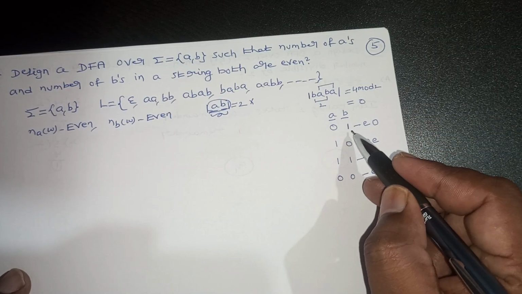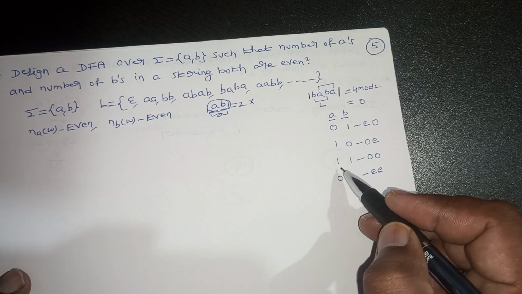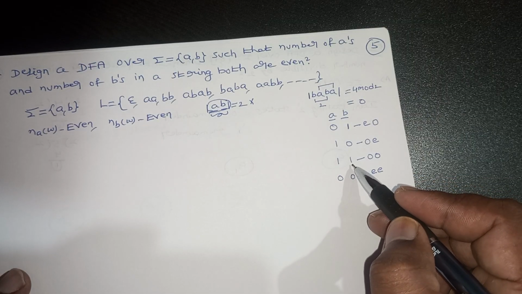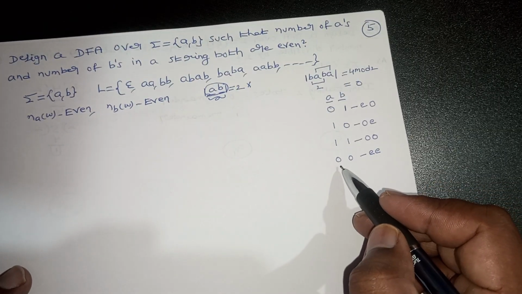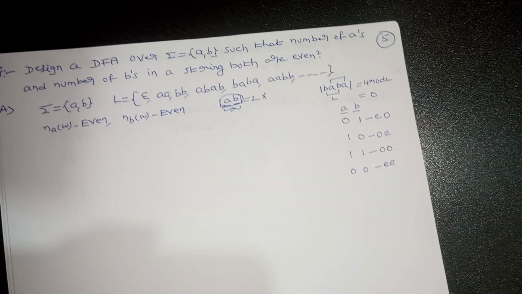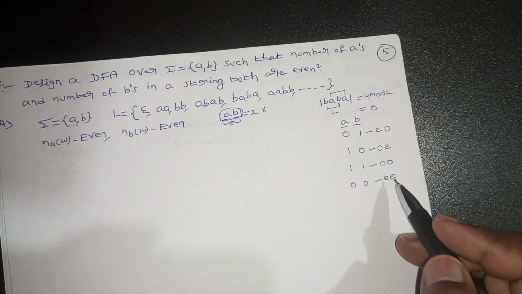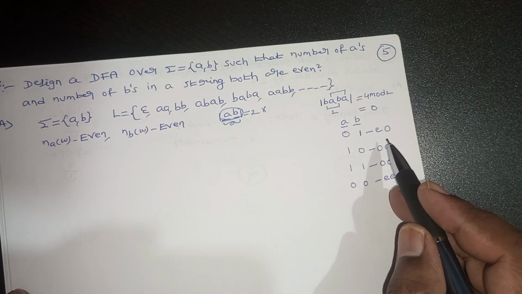Even number of A's, odd number of B's; odd number of A's, even number of B's; odd number of A's, odd number of B's, that is OO. Again, what is 0 0? Even number of A's, even number of B's. So like that I am taking 4 states here: EE, OO, OE, and then EO.